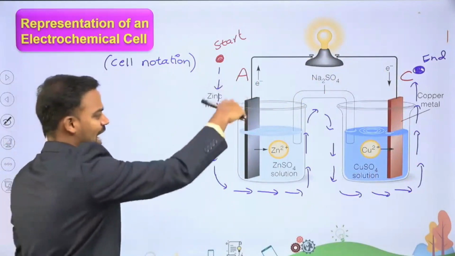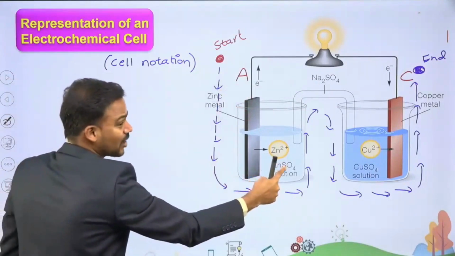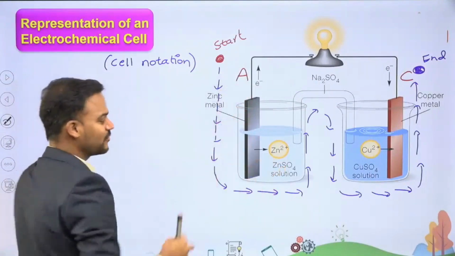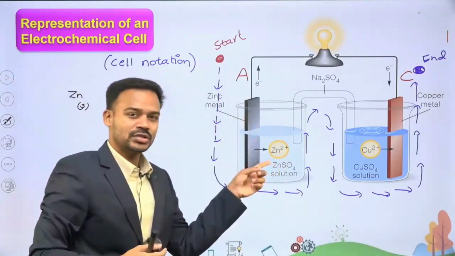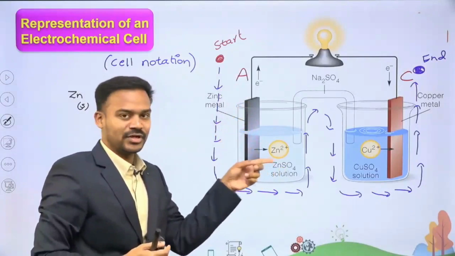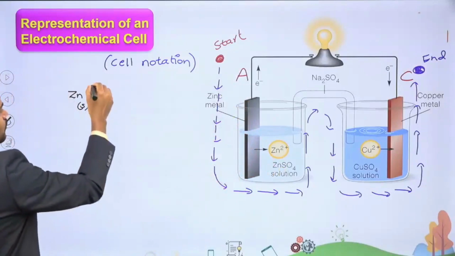This anode electrode is solid, right? And the zinc sulfate solution is liquid, an aqueous solution. So there is a change in phase: the solid electrode is dipped in a liquid solution. To show that change in phase, solid and liquid, we use a slash.